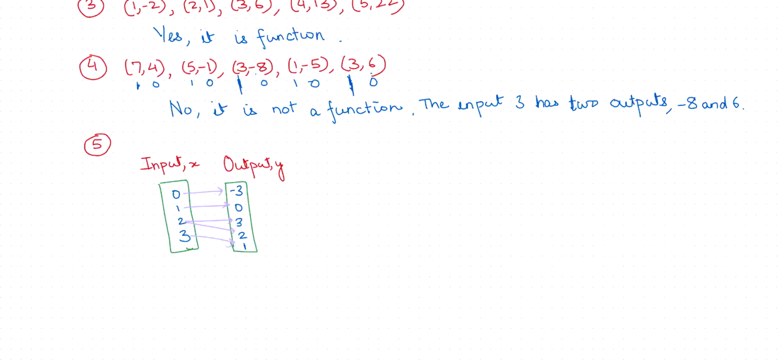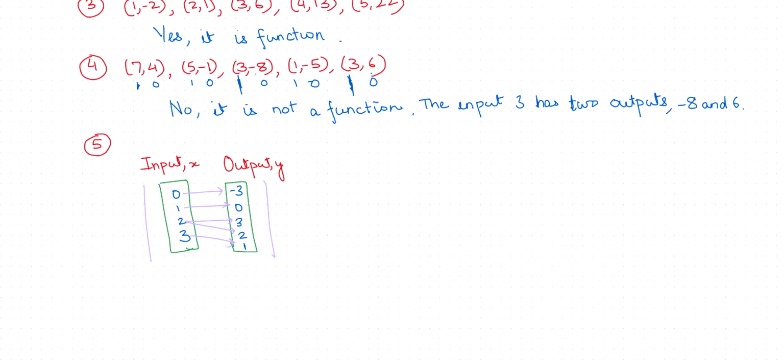In question 5, these are the inputs and these are the outputs. When the input is 0, the output is negative 3. So is this a function? We can see that 0 has negative 3, when the input is 1 the output is 0.